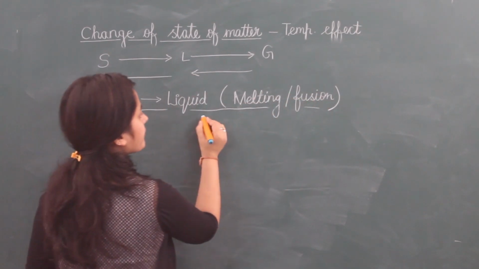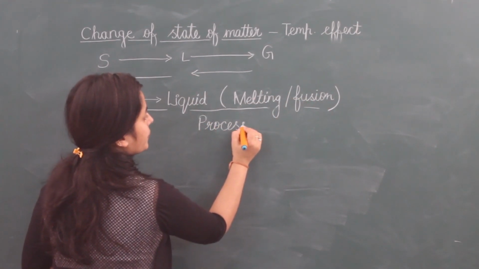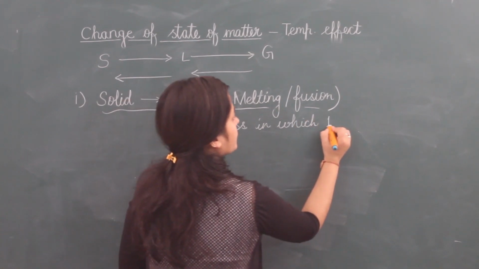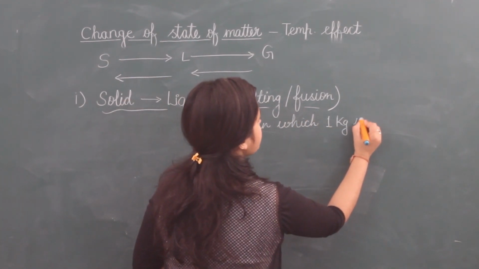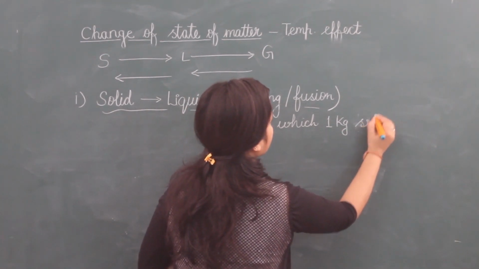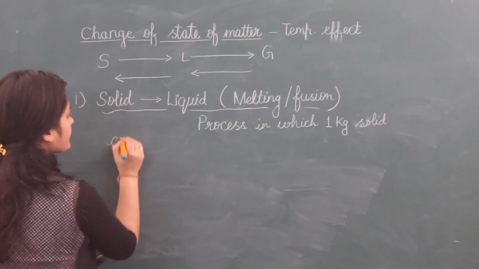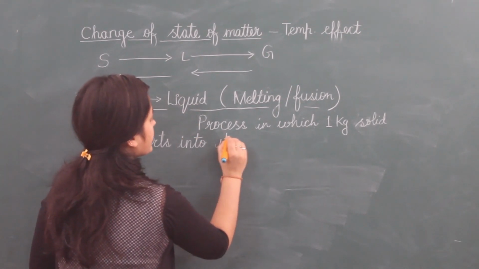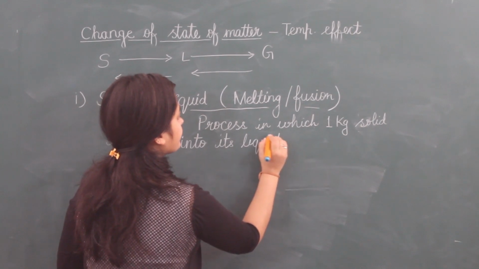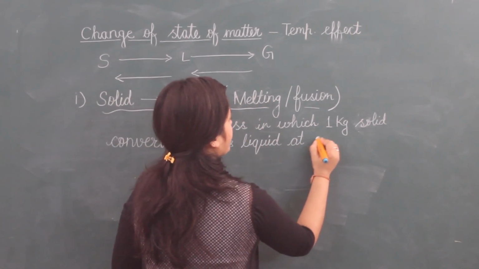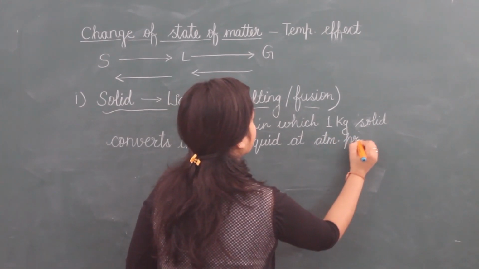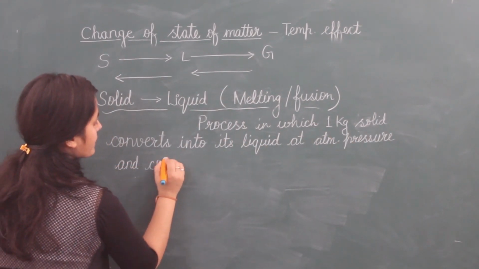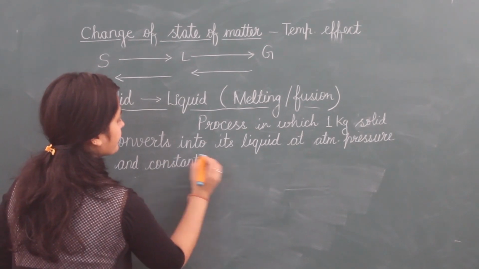So, what is it? The process in which 1 kg ice, or simply we can say 1 kg solid, converts into its liquid at atmospheric pressure and constant temperature.